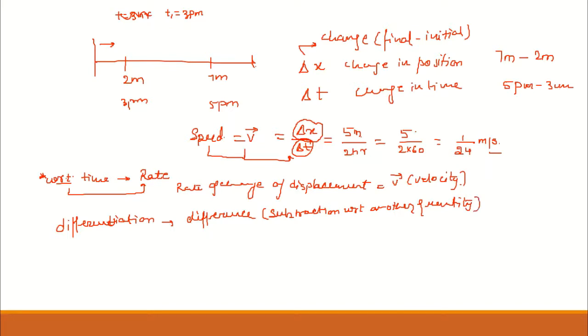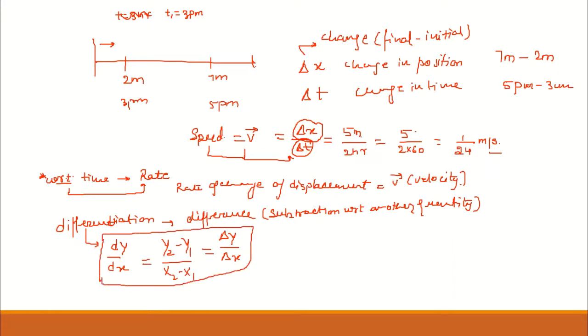So we can say that the differentiation of any quantity with respect to another quantity, or the difference of any quantity with respect to another quantity, or the change in a quantity with respect to the change in another quantity. This was the introduction to differentiation.